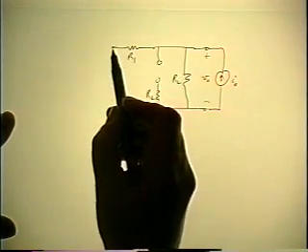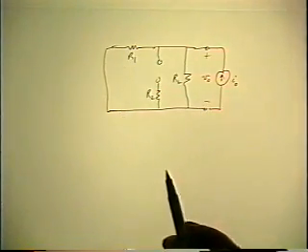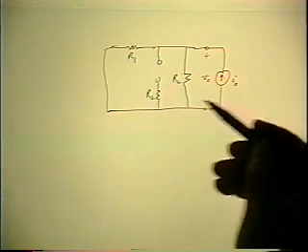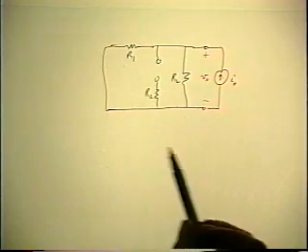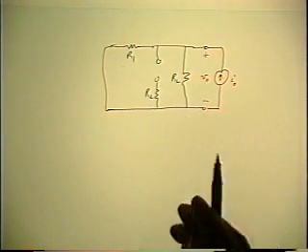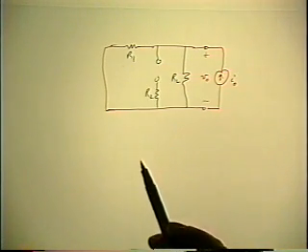The original input is going to be a short, because the original input for the network was a voltage, but when you calculate output impedance, you're going to drive the output. So the input remains shorted at all times. Okay, so this is now the reference circuit because the extra element has been thrown away.